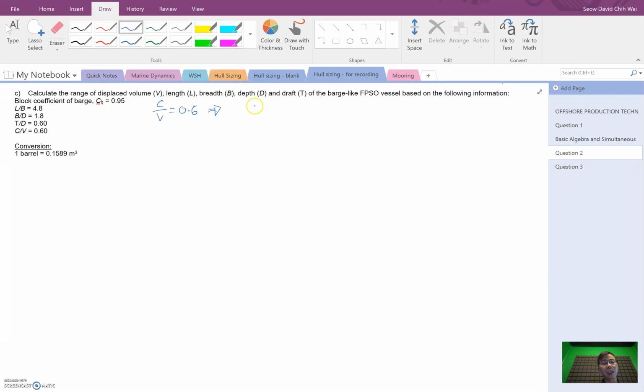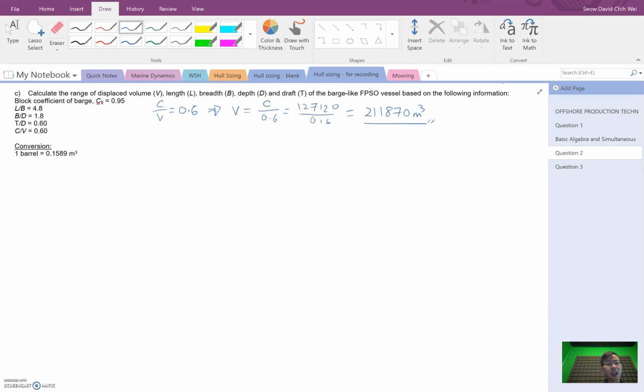So that translates to the underwater volume being C over 0.6, and this gives me 127 divided by 0.6, and I have 211,870 meter cube. So I've solved one of them, 211,870 meter cube, because I've got the numbers ready.